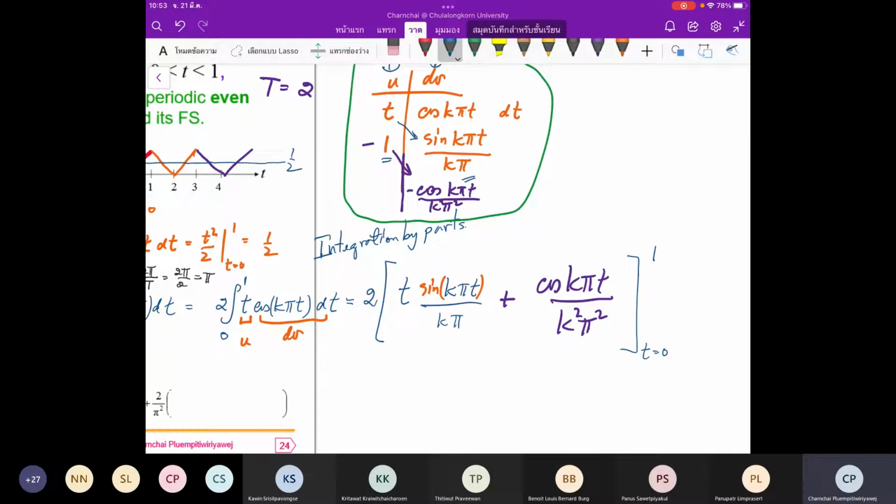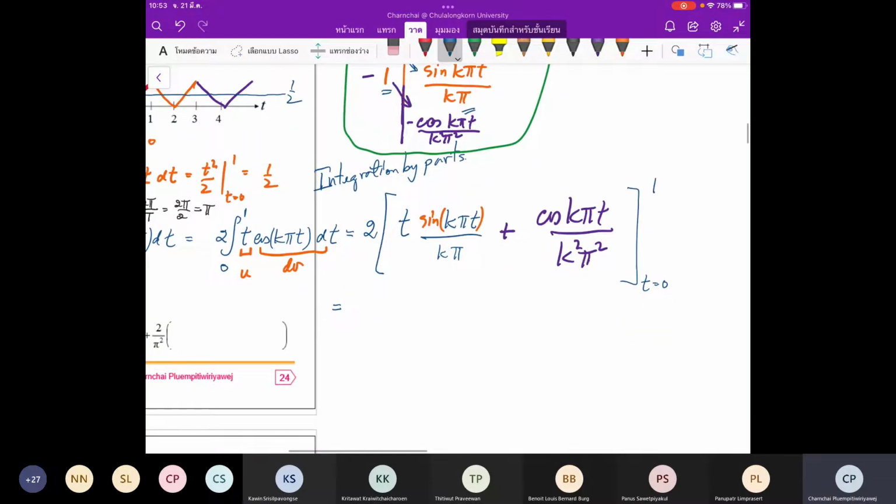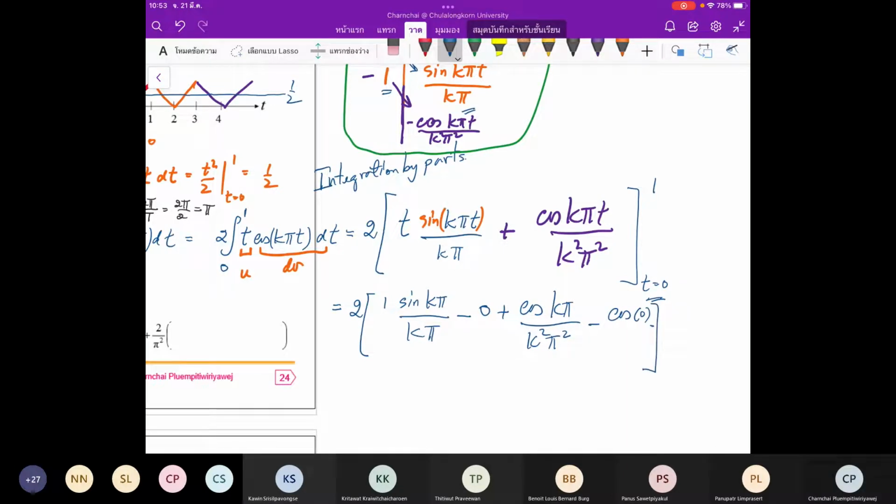And now you just substitute in the values. When t is 1, so these two over here, we still got 1 sine k pi over k pi minus when t is 0, which is 0, plus cosine k pi 1 over k squared pi squared minus when t is 0, we got cosine of 0 over k squared pi squared.